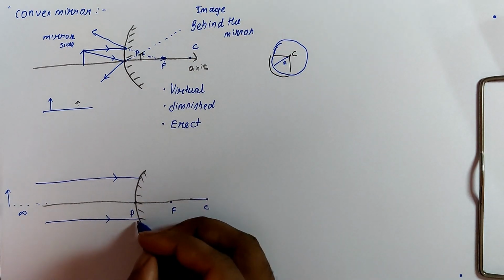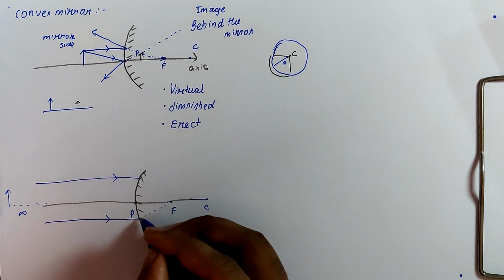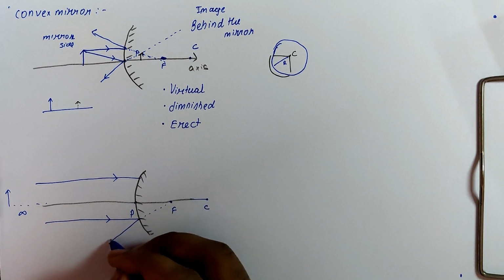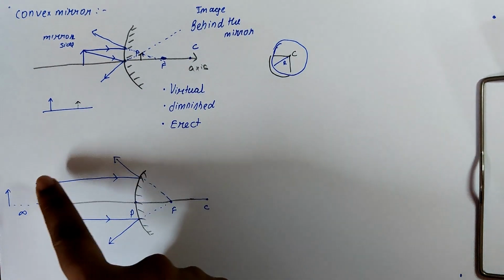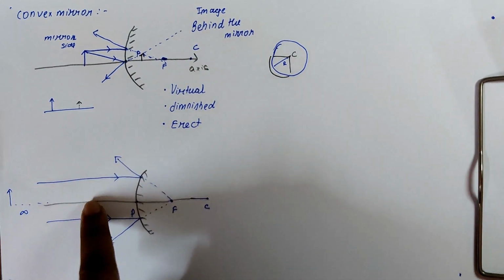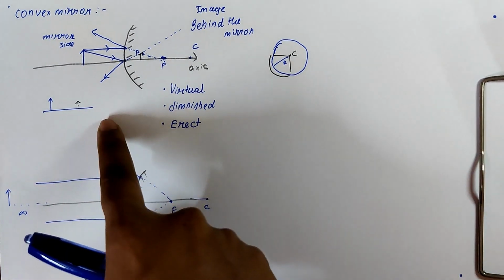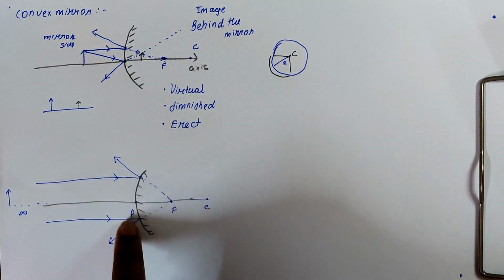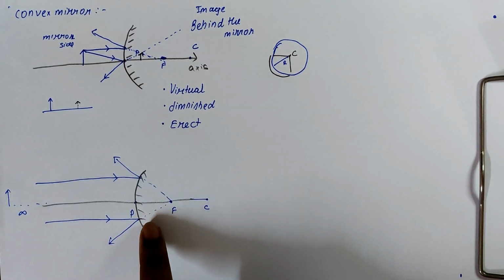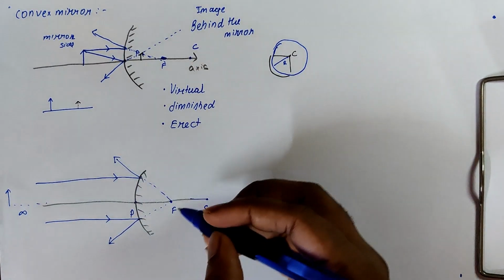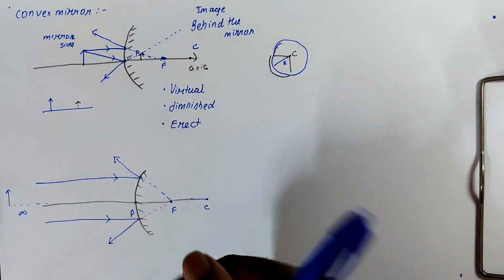And guess what? It will diverge outward, which means the light rays which come parallel to the axis will diverge outward from the mirror and apparently meet at the focus.